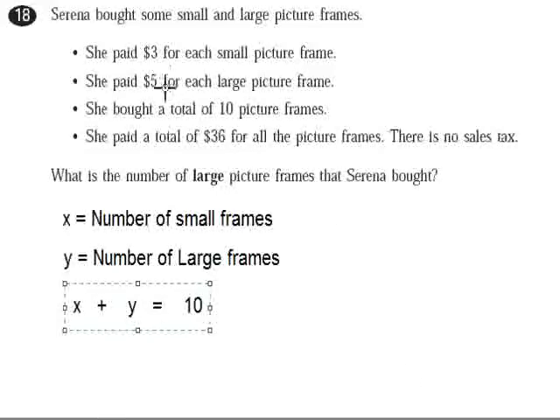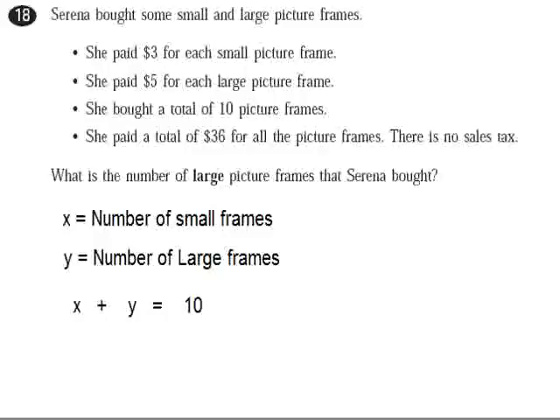Now, what about this 3 and this 5? Well, that's telling us the cost, right? The cost for the small picture frames. So if I wanted an expression that represented the cost of the small picture frames, I would take 3 and multiply by X, and that would give me the cost of the small picture frames.